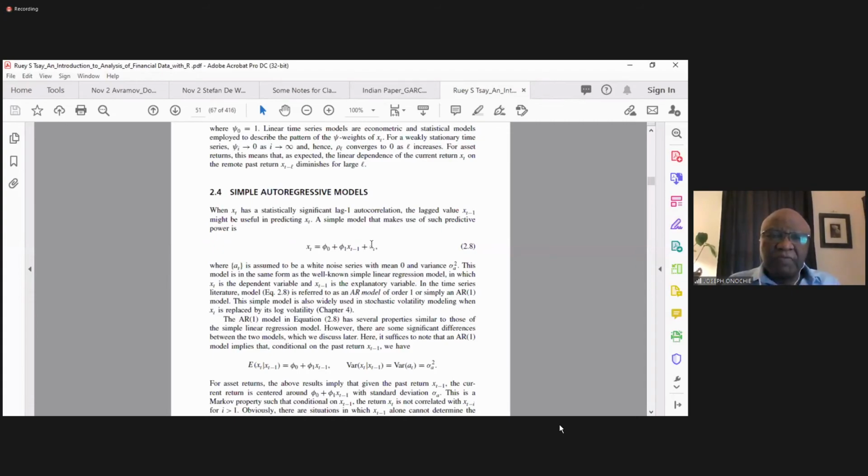But then what is the autoregressive model? An autoregressive model is we take these two parts, which are linear in the previous return term, and simply add them to the white noise. The simplest time series model is x_t equal to white noise.